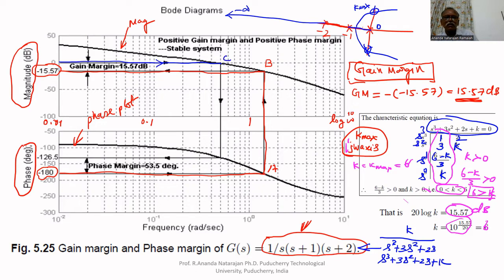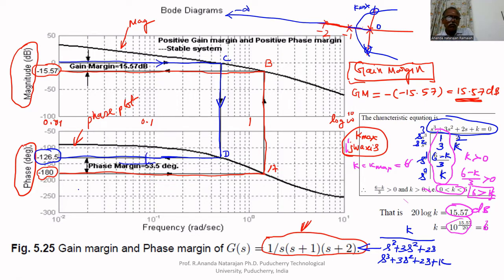It meets the magnitude plot at C. At C, draw a vertical line. It meets the phase plot at D. At D, draw a horizontal line. That gives the value of phase at D. The phase at D is minus 126.55.